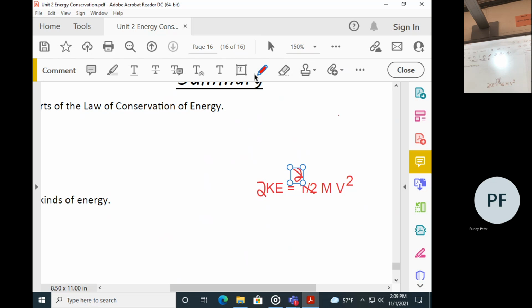So my new equation says 2KE equals mv squared. Right? What's the next thing? If I want to get v by itself, can't I just divide both sides by m? Which would cancel this side. But if I did one side by m, I have to do the other side by m. Does that make sense?